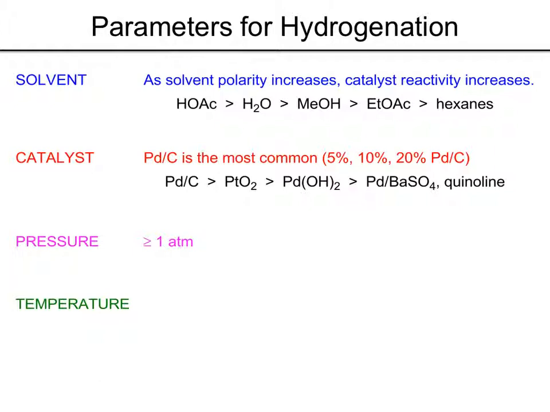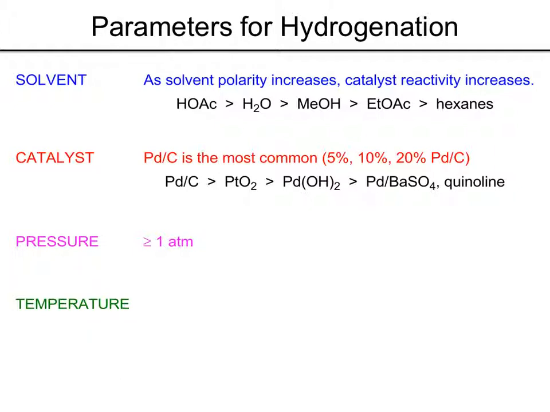hexanes. When we consider the catalyst itself, palladium on carbon is the most common catalyst that we use, and it's available as a 5% palladium on carbon or 10%, 15%, 20%, and so on. Now palladium on carbon is one of the more reactive ones. It's more reactive than platinum oxide, palladium hydroxide, and this combination might look familiar.